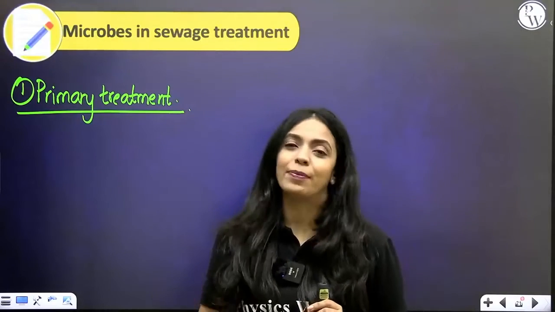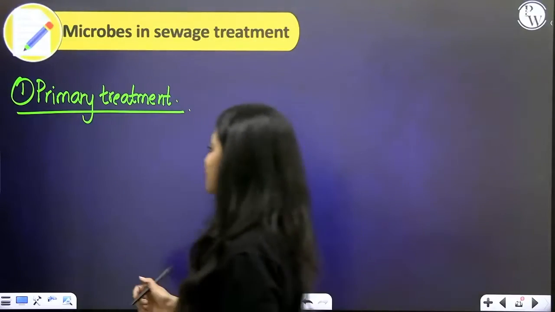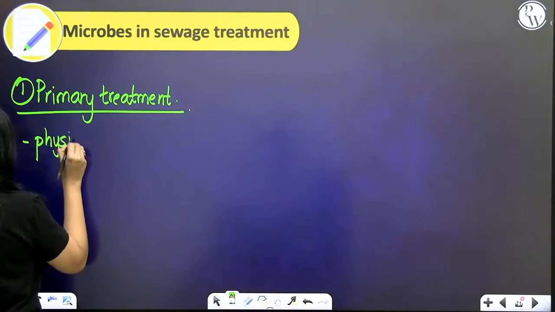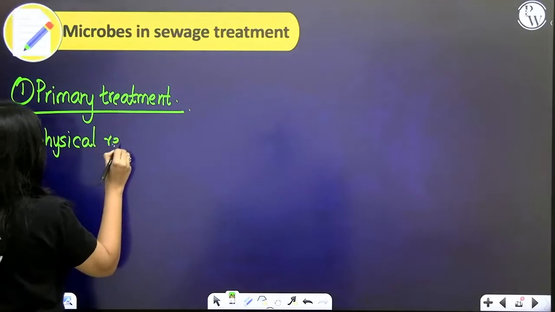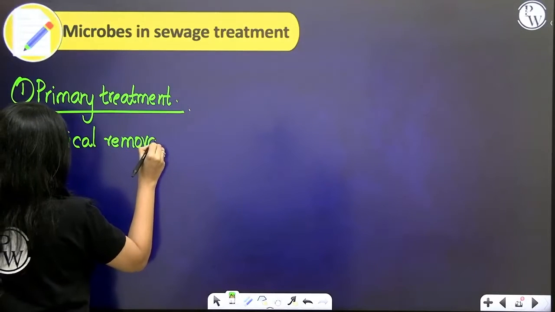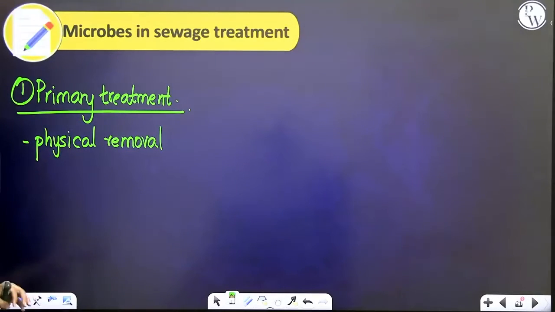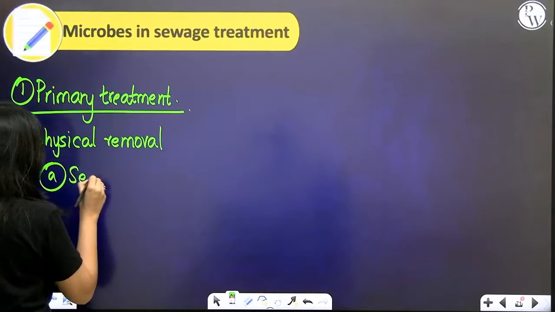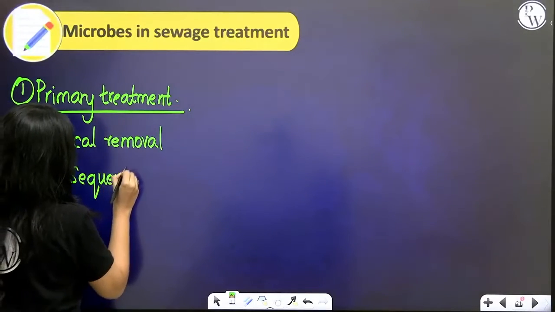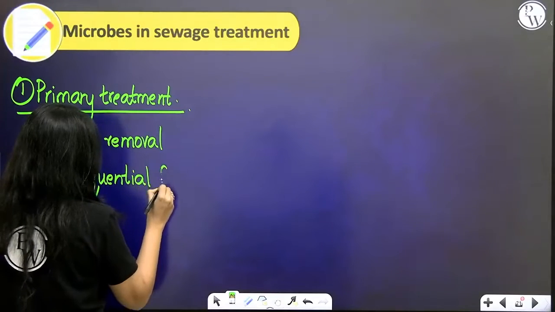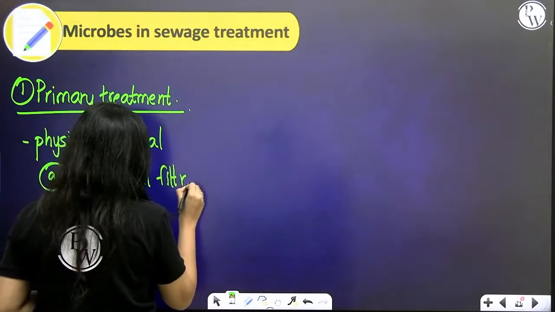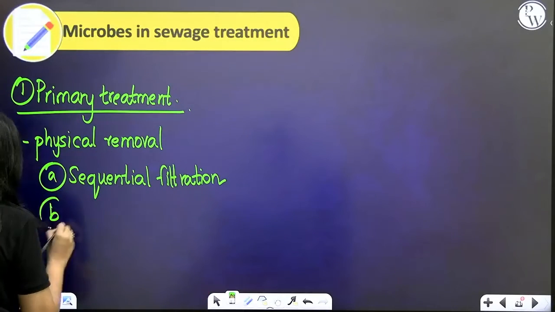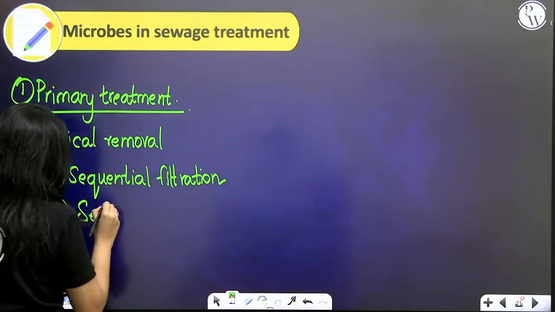So what basically happens during primary treatment is there is physical removal of a lot of debris by two processes. First is called sequential filtration, and the second is called sedimentation.